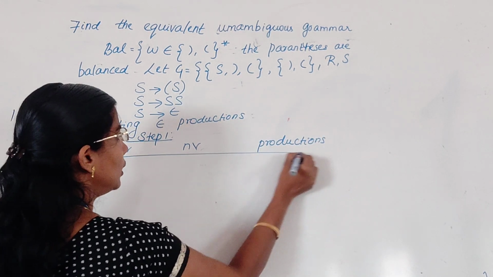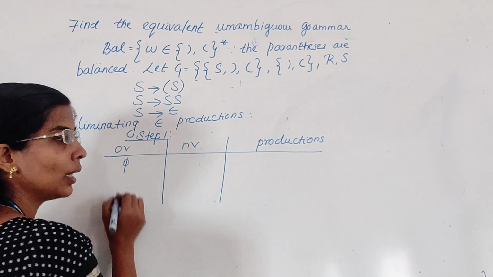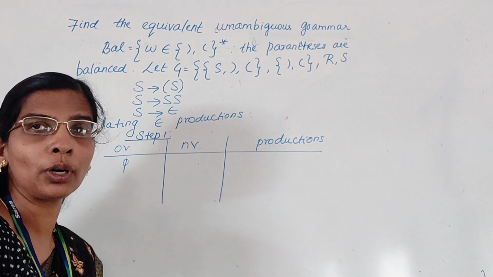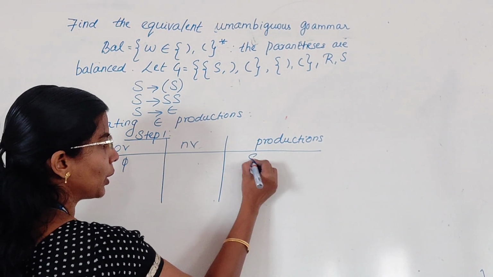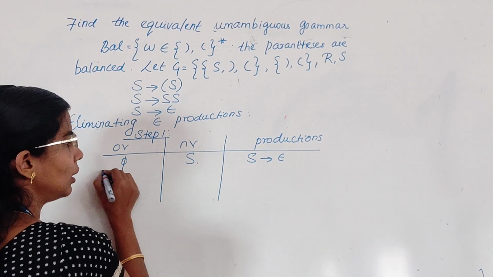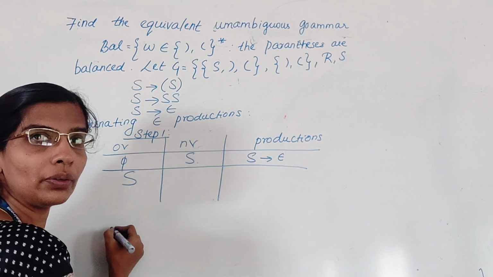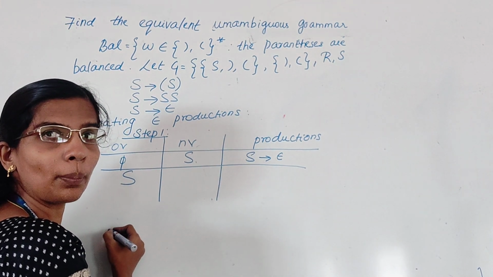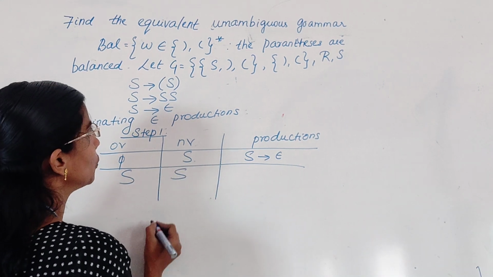Initially the old variable will be S, and in productions, pick and write the epsilon production, that is S tends to epsilon. Copy this variable from the new variable down to the old variable.